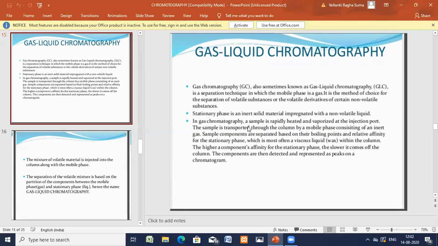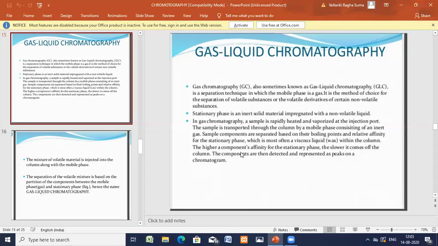In gas chromatography, a sample is rapidly heated and vaporized at the injection port. The sample is transported through the column by the mobile phase, consisting of an inert gas. Sample components are separated based on their boiling points and relative affinity for the stationary phase, which is often a viscous liquid wax within the column.